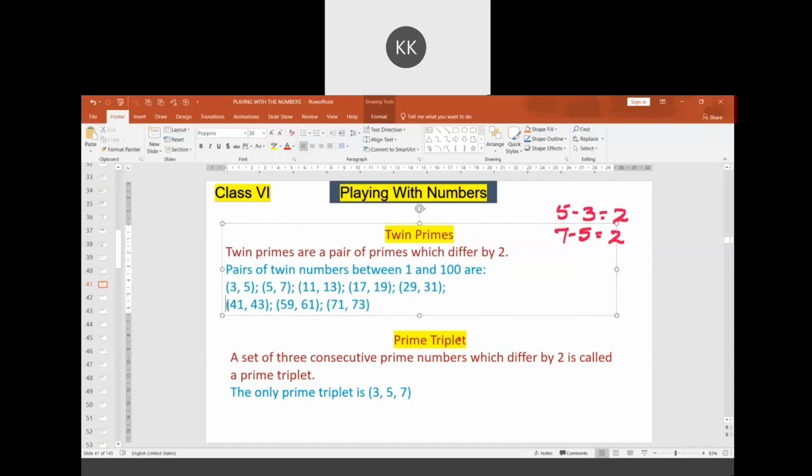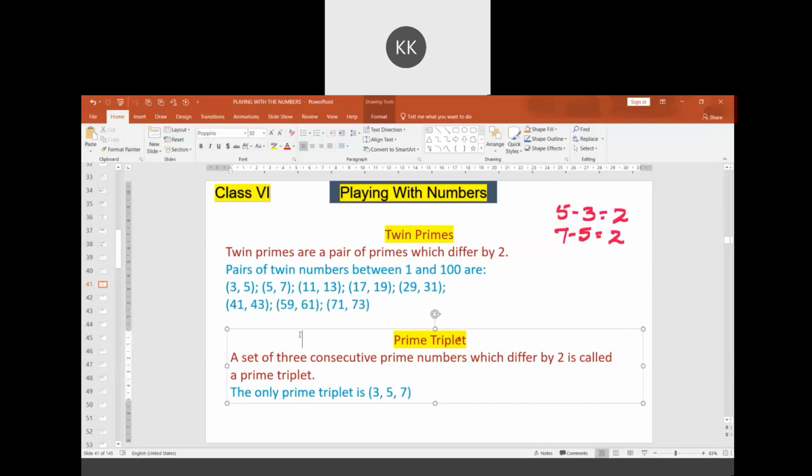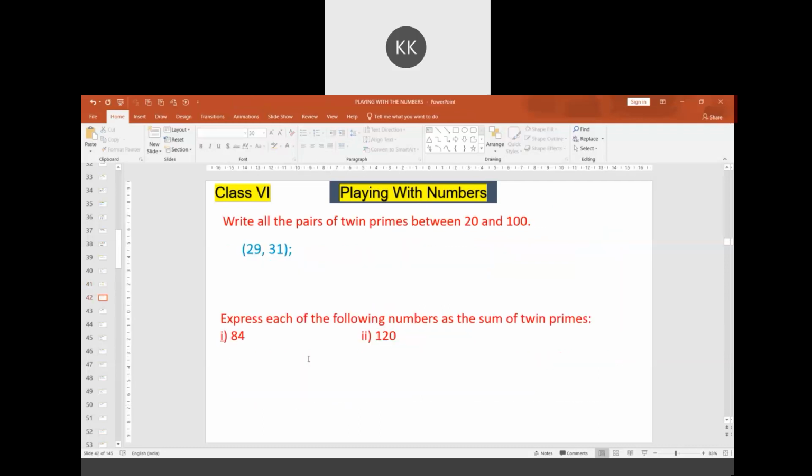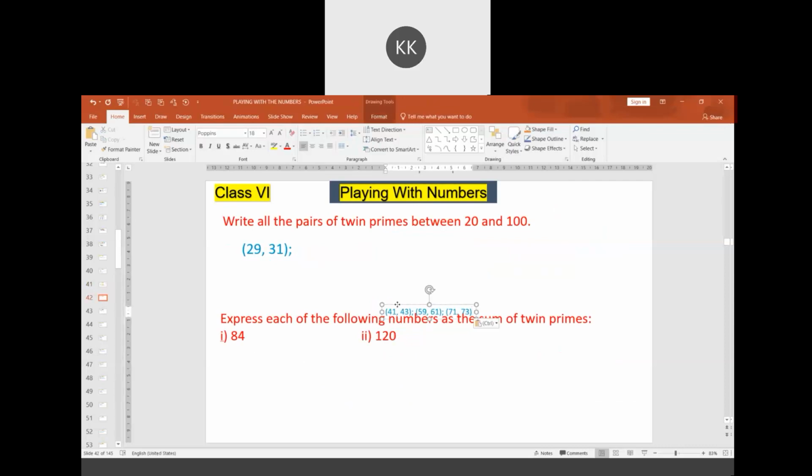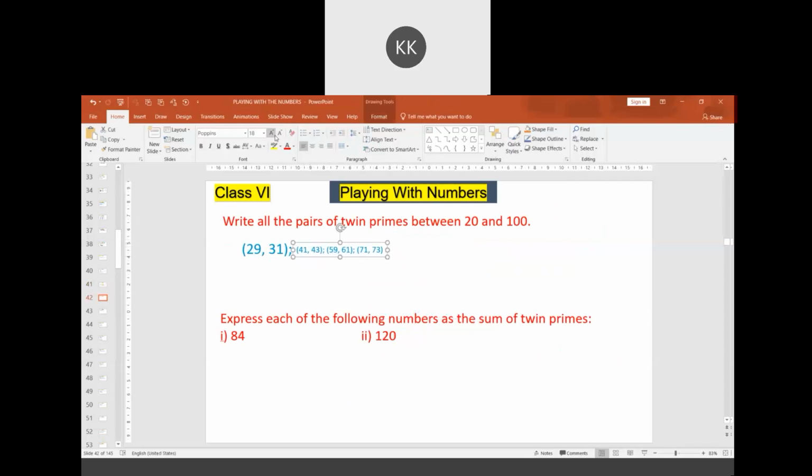So let me take these only and put them over there. So these are the prime numbers and they are twin prime numbers. Each of their differences is exactly 2.